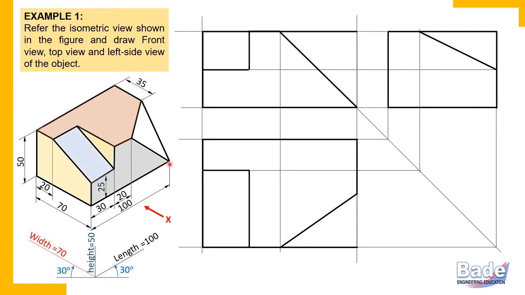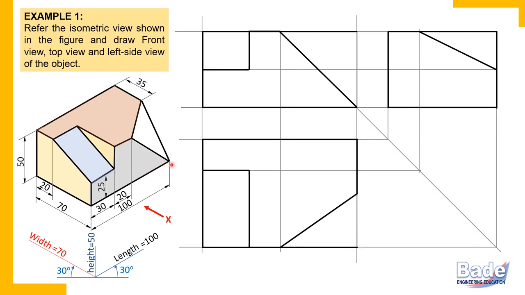Now, we have done this exercise in the last video. This corner is the right side bottom corner, and on the front. Now, top view. In top view, let's identify this corner. Being at the bottom has no significance, at least for top view, because in top view, top and bottom you cannot separate. But it is on the right side. This corner is on the right end. So on the right end and on the front, that is this corner.